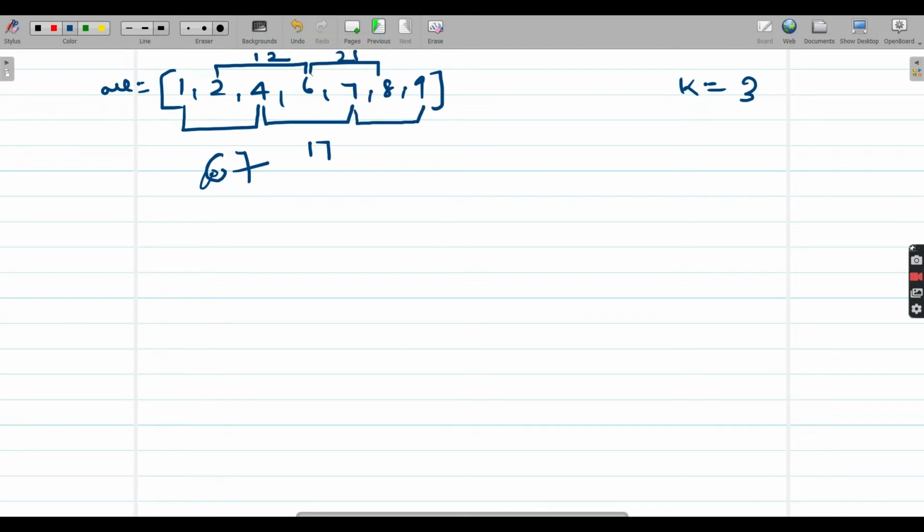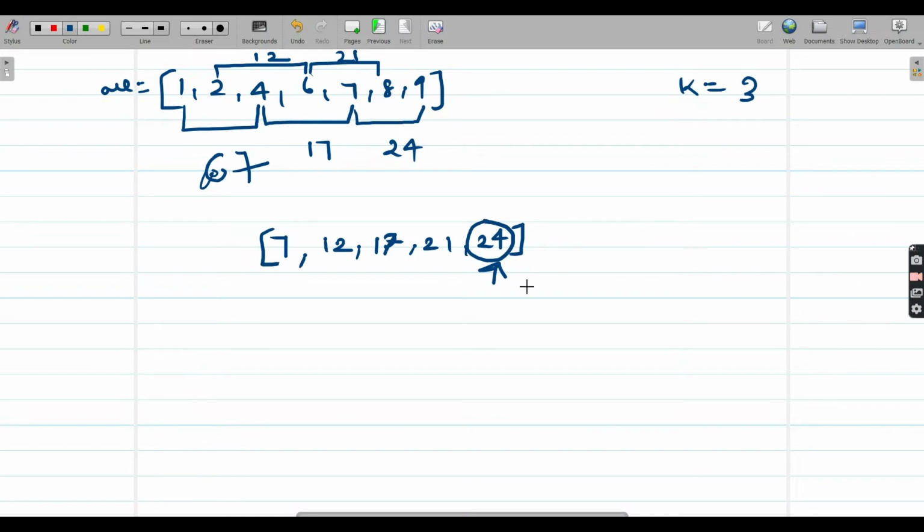And one more subarray, 7 plus 8, 15, 15 plus 9, 24. If you carefully observe, these are my sums of the given k size elements: 7, 12, 17, 21, and 24. What is the maximum here? 24, right? So we need to return 24.